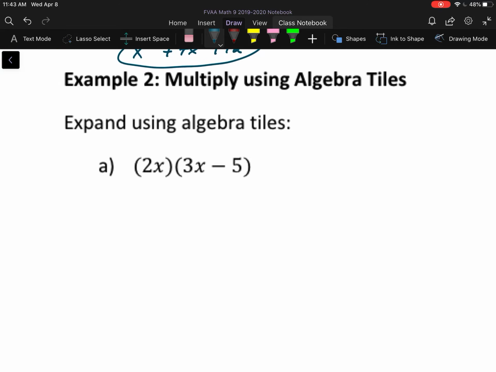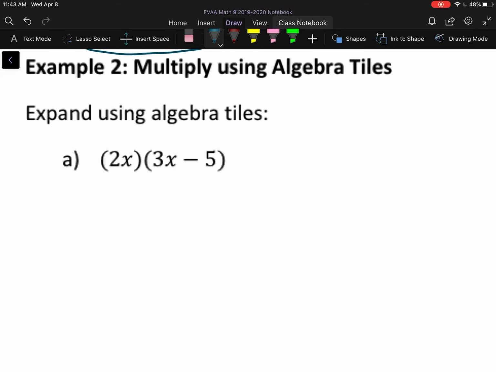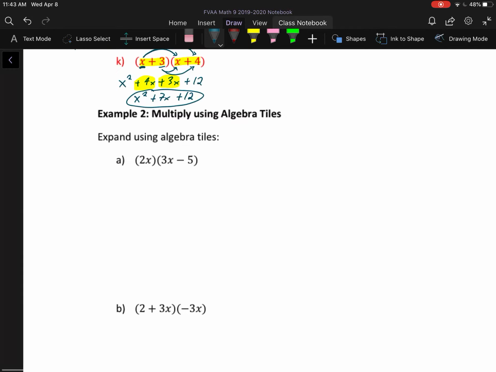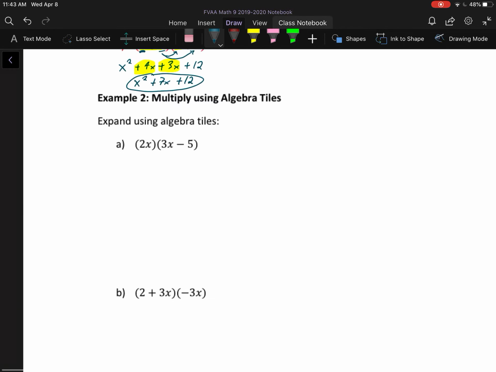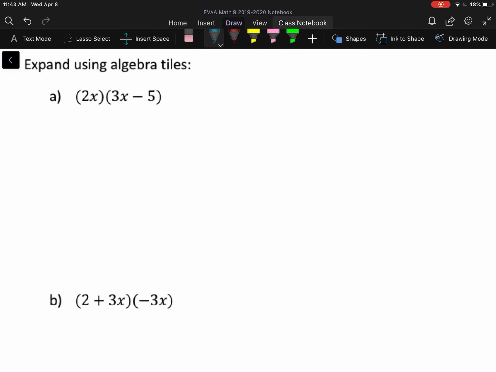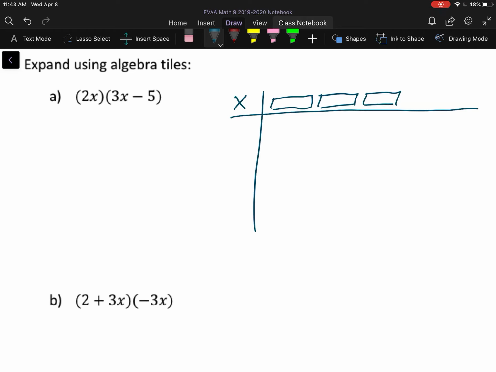All right, example number 2, how to use these algebra tiles. Oh, these lovely algebra tiles. And so here's just setting up our drawing. We're multiplying, so you set up your grid. Okay, and I have 3x, 1, 2, 3, and then minus 5: 1, 2, 3, 4, 5.